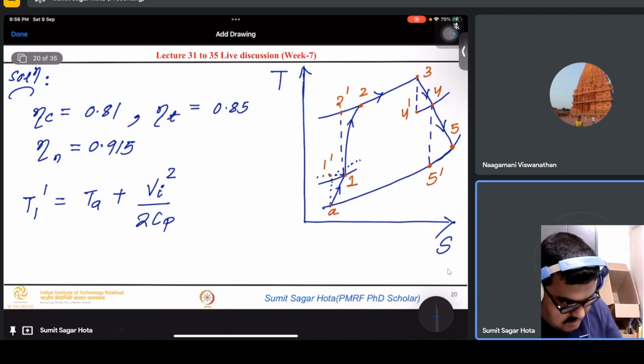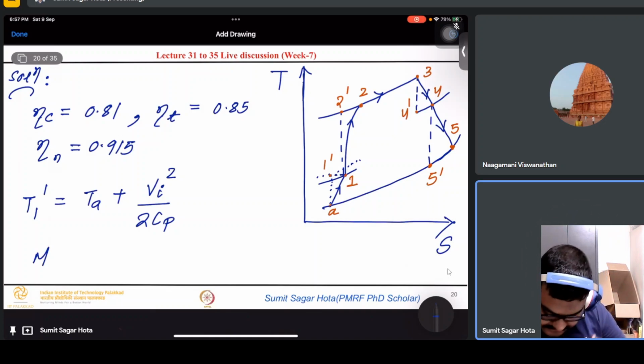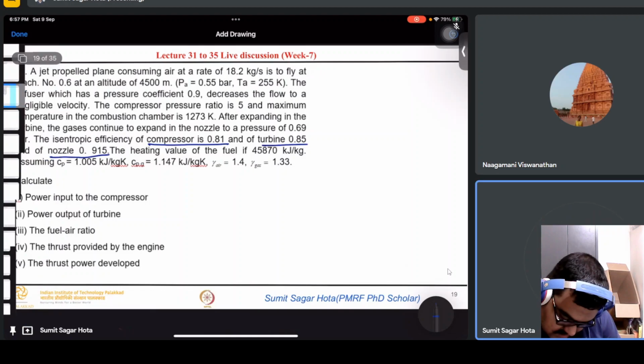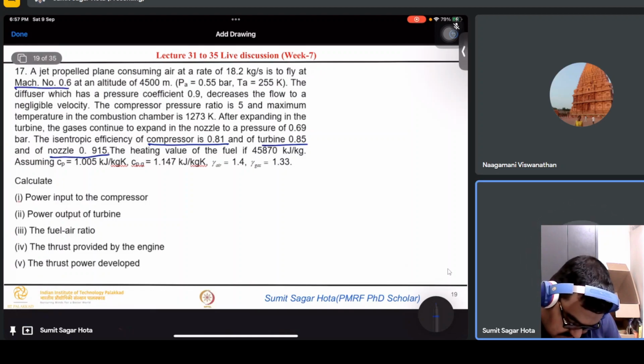So this is the formula of T1 dash. Many things we don't know, so then we go for Mach number. What is Mach number? M equal to 0.6. See, it's mentioned Mach number 0.6.